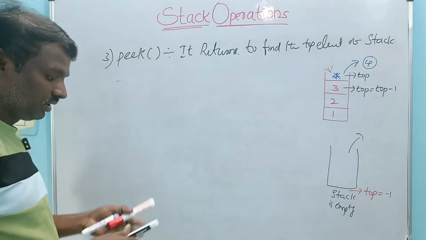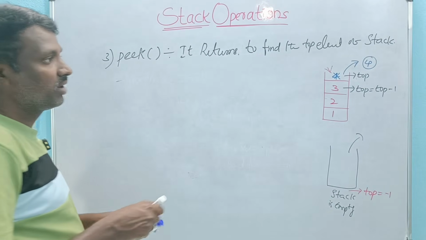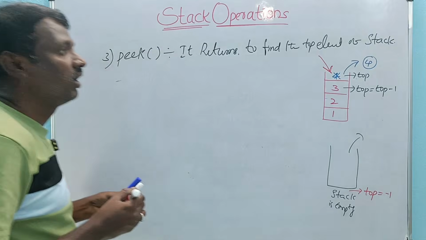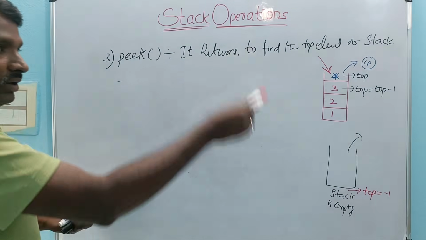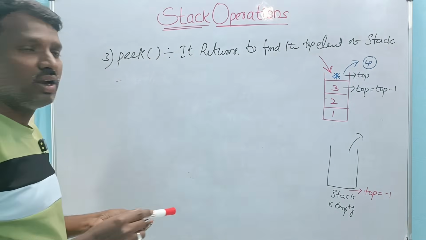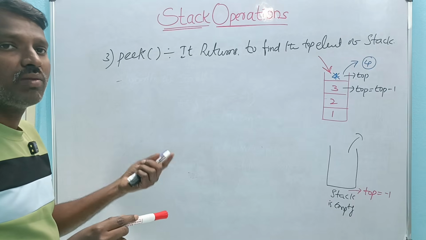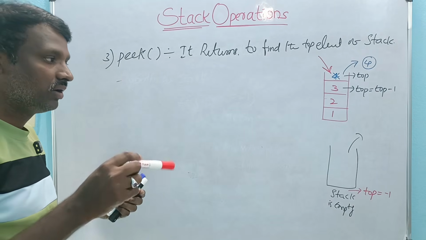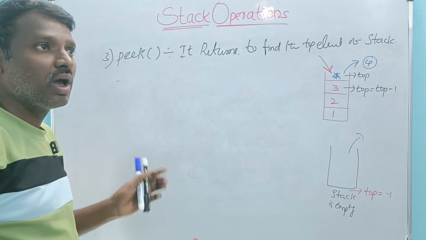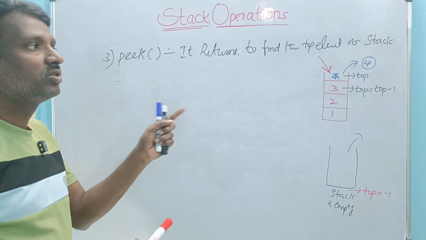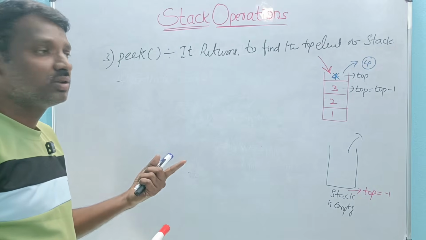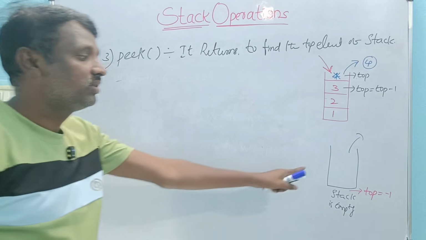Now let me see the stack peek operation diagrammatically. First of all, we check the condition. At the time of finding the peek element of the stack, if the stack has some elements, it is possible to find the peek element, otherwise not possible because the stack is empty.